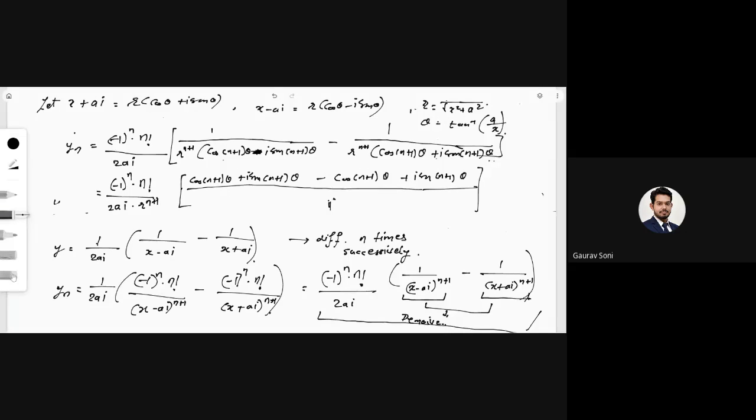So again, simplifying this further. So what we will have is 2ai sine theta.